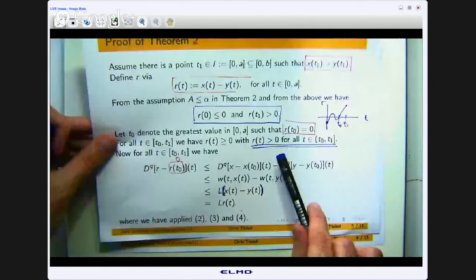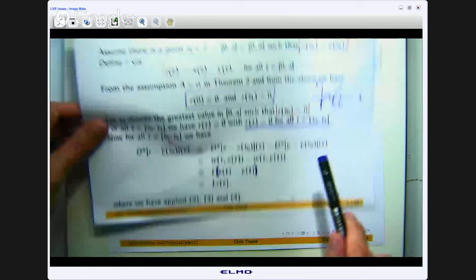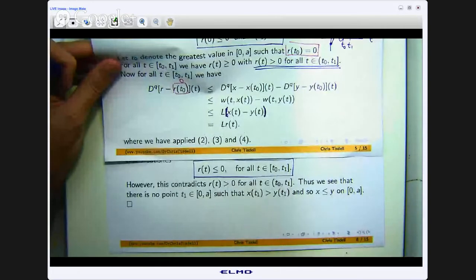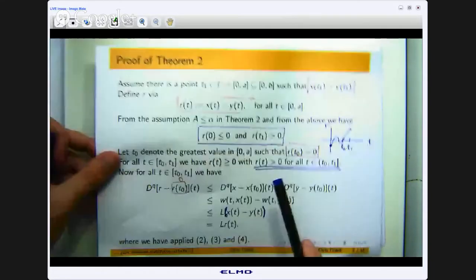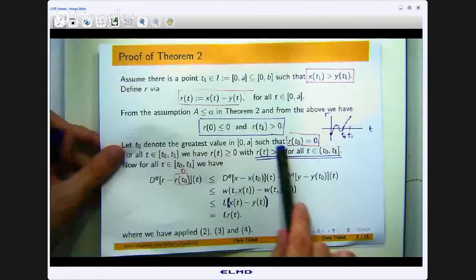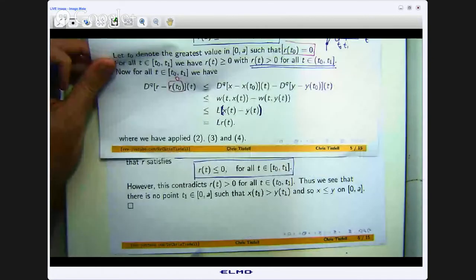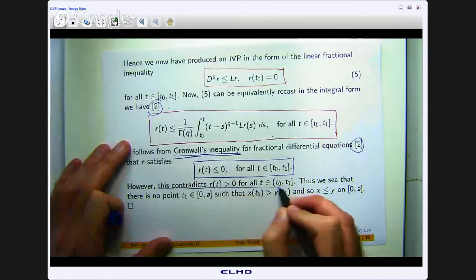So you can see this says R's positive on this interval. This says, oh no, hang on, R can't be positive on that interval. So there's your contradiction. We showed R's got to satisfy this, but R has to satisfy a totally incompatible other inequality. So there's your contradiction. This contradicts this thing.